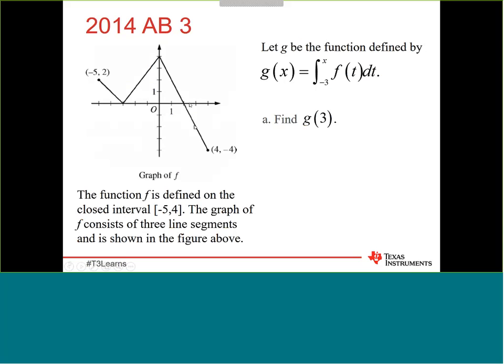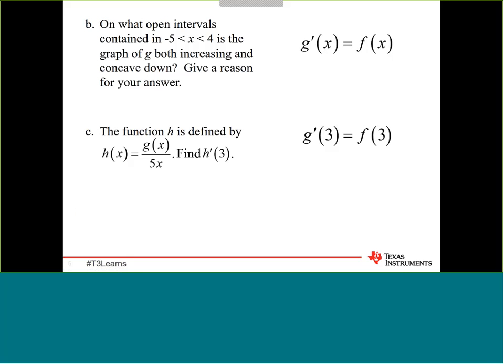I'm getting my 2's and 3's all mixed up here. They had kind of already found that point when they found g of 3, but they really need to know what the coordinates of that point would be in order to get credit for evaluating h prime of 3.